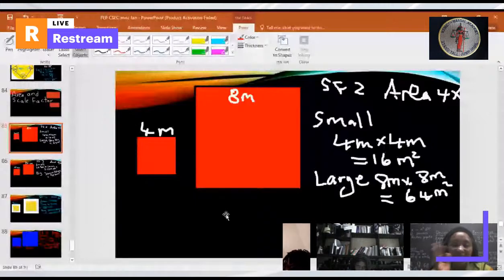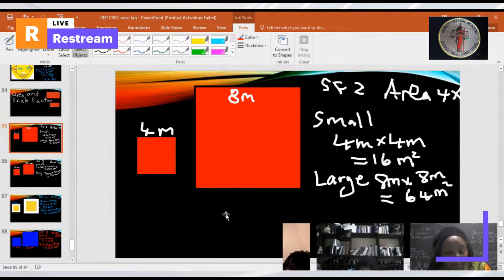So if the length is twice as long as the small one, the area is 4 times the area of the small one. And if the length of the big one is 5 times the length of the small one, the area is 25 times as big.